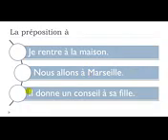Then, il donne un conseil, donner is to give, un conseil, an advice, so he gives an advice à sa fille, his daughter. So in that case, to his daughter, you should also use this preposition à. Okay, so je rentre à la maison, nous allons à Marseille, il donne un conseil à sa fille.